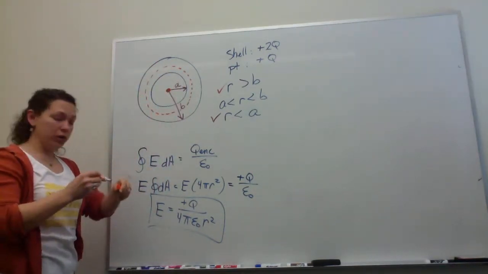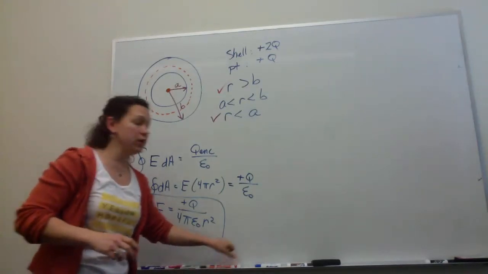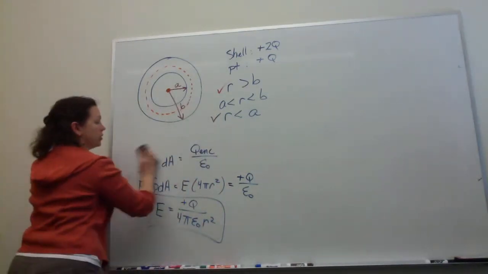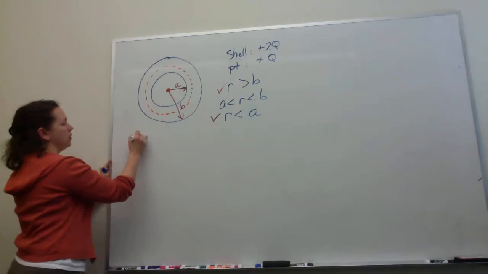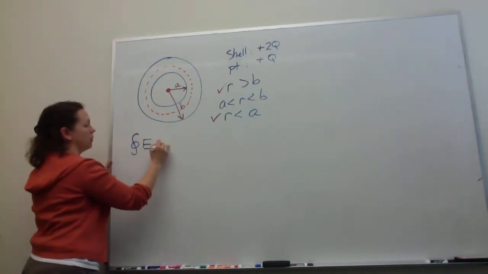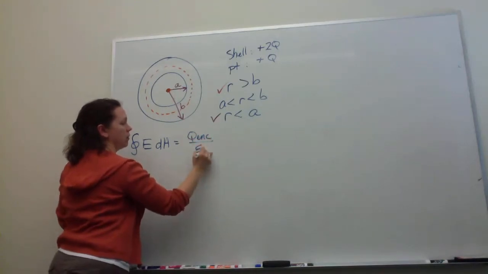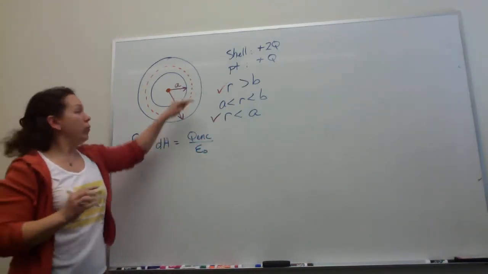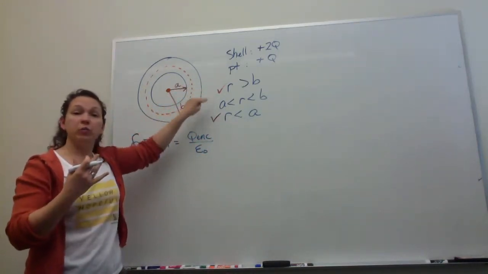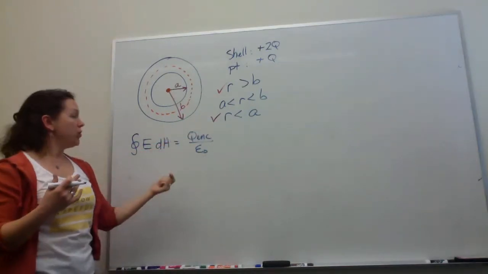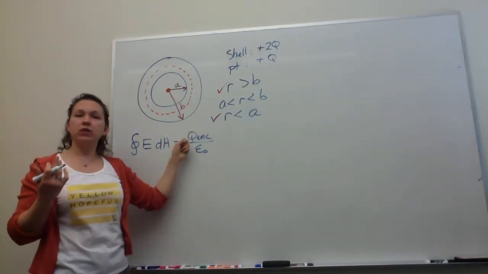I still want to match the symmetry, so it's spherically symmetric. When we were talking about the radius being larger than b or smaller than a, we started off with, well, what's the enclosed charge?